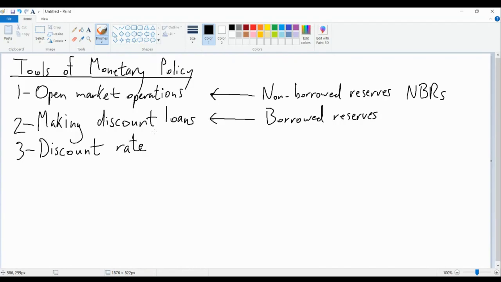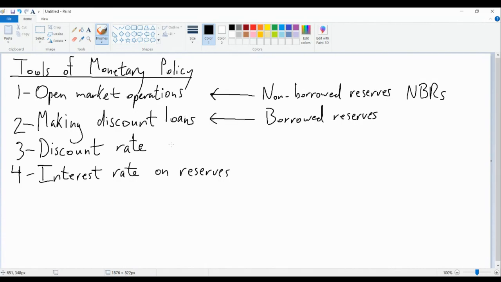And the Fed can do both. So that's a third tool of monetary policy. In fact, the discount rate, the interest rate the Fed charges on discount loans, is not the only interest rate that the Fed controls. Remember, there's one more. The Fed also pays interest on reserves, and the Fed chooses that as well.